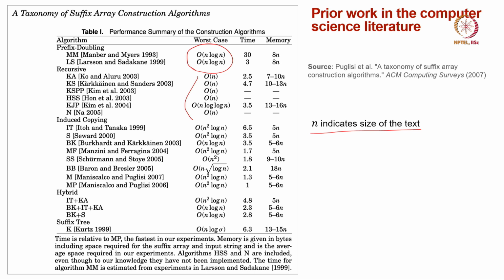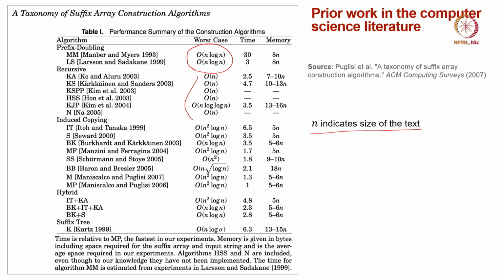I want to make a remark here that it is remarkable that suffix arrays can be constructed in linear time, because if you think about it, sorting n numbers takes n log n, whereas now we are able to accomplish sorting of n strings, these n suffixes, in actually linear time.